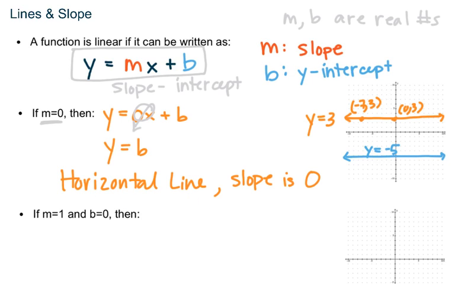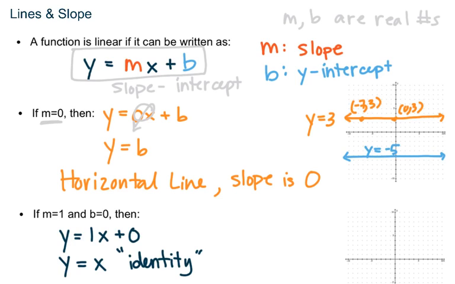Let's look at another specific type of line. What occurs if m is equal to 1 and b is equal to 0? So y equals 1 times x plus 0. So if the slope m is 1 and the y-intercept is 0, this simplifies and we get y equals x. This is what we call the identity function or the identity line.